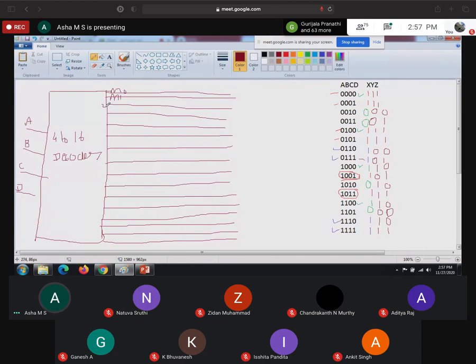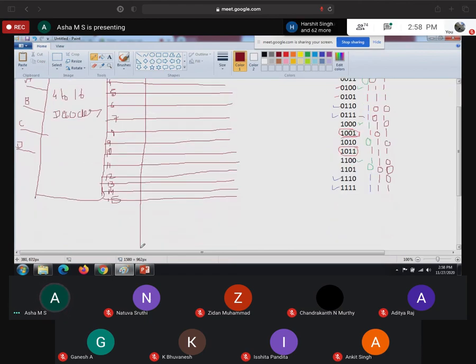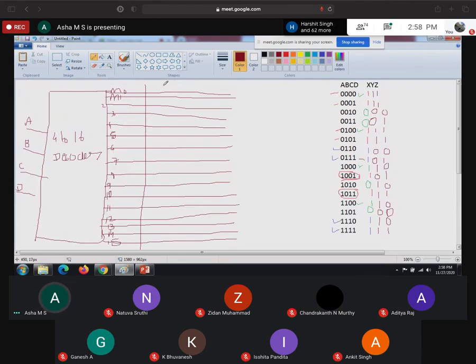You write M8, M9 like that, up to 15. So how many outputs are there? 3 outputs are there.